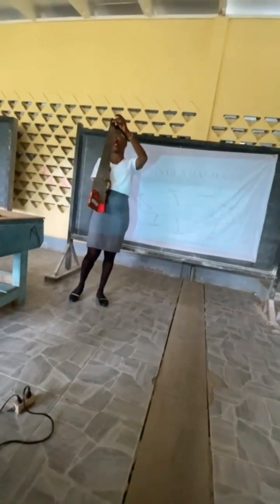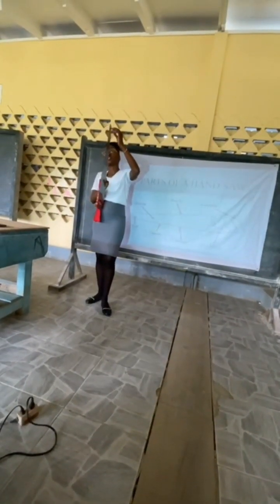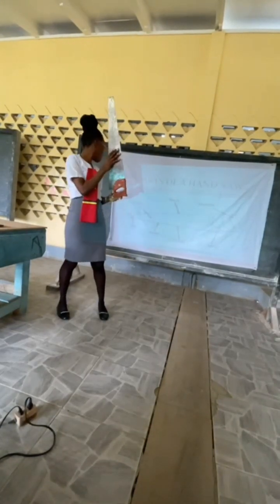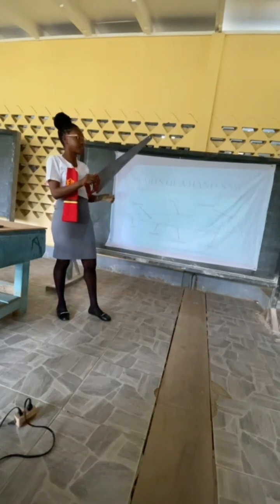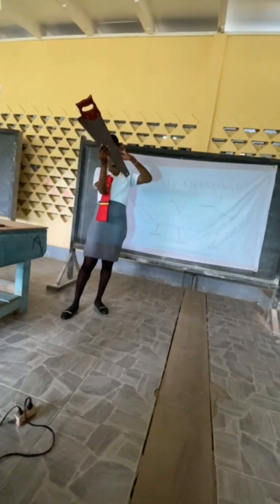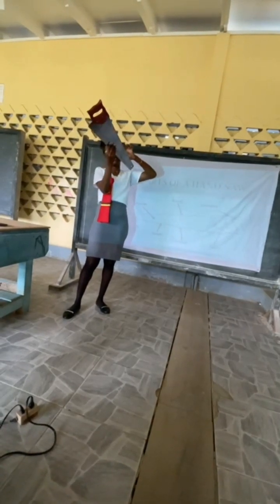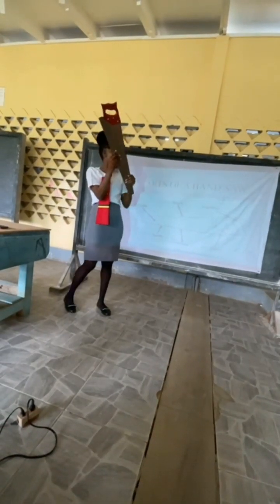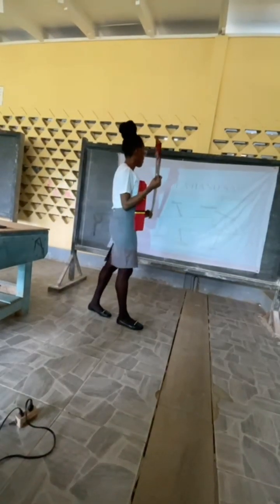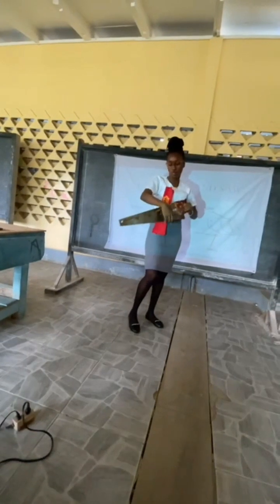The toe is this round thing on the saw. And the last part, the blade. So we get 7 parts on one saw.